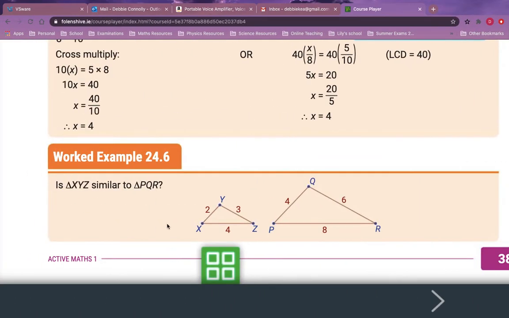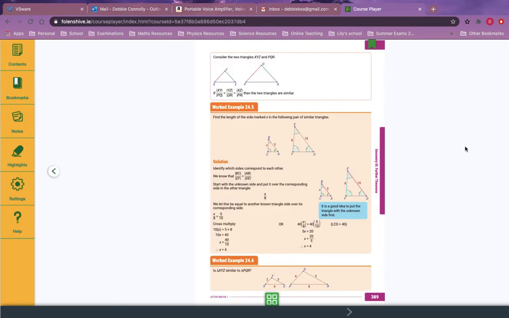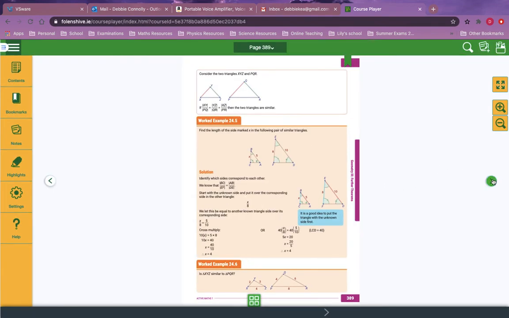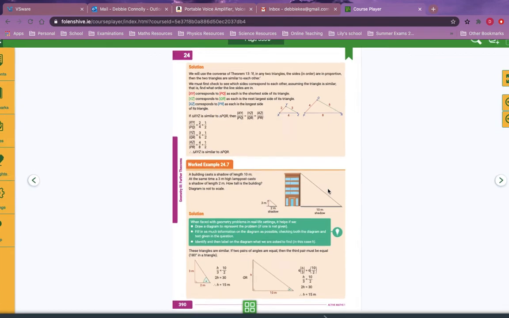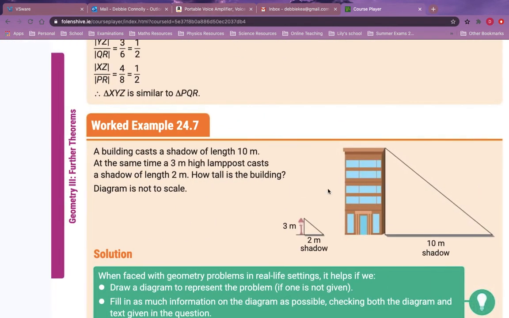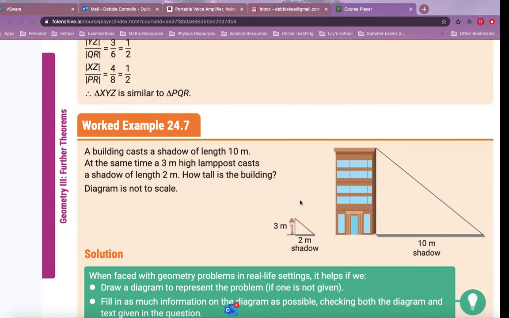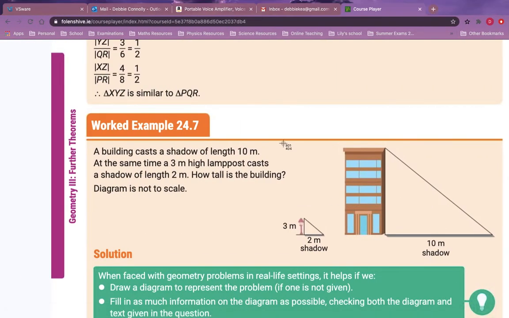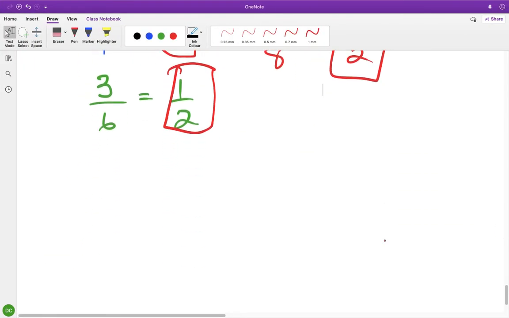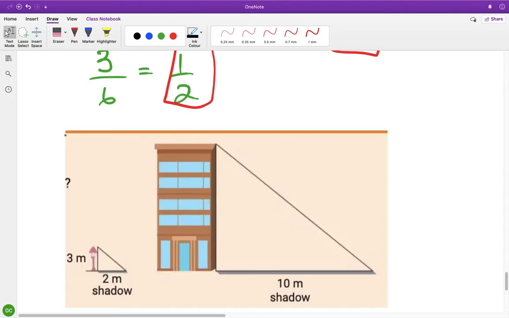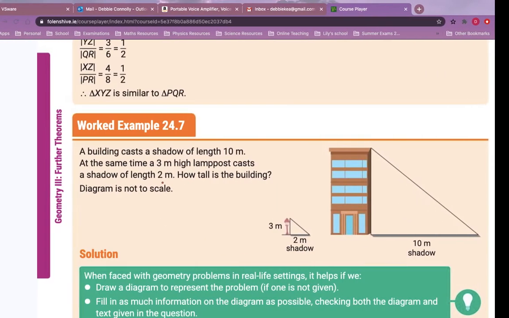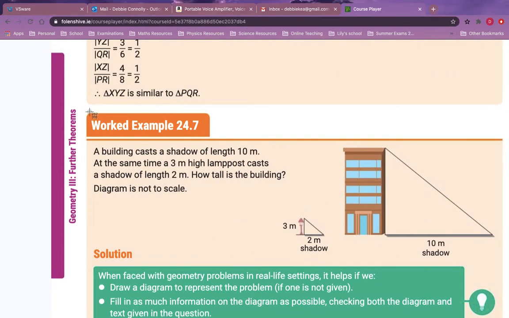Now, there was one about a lamppost and a building that I want to do. Yeah, okay. So now, I know you can see that picture, but if you were given this in an exam, you would not usually be given the picture. But anywhere in geometry or trigonometry, it's really important to draw, okay?